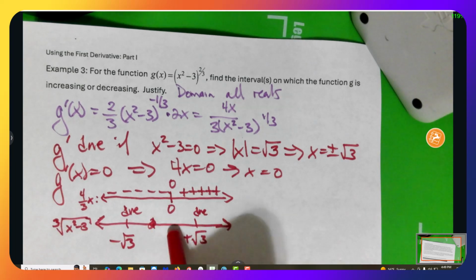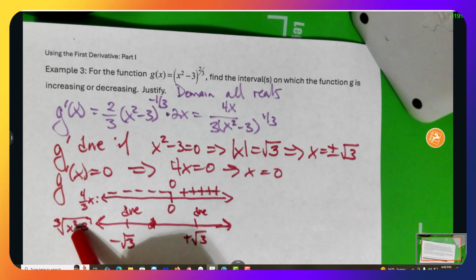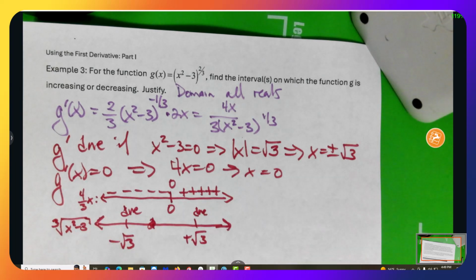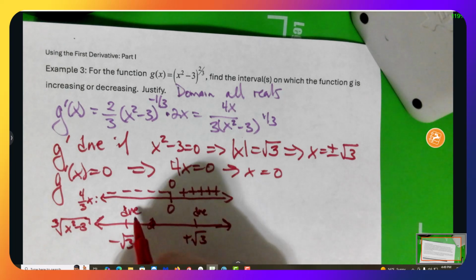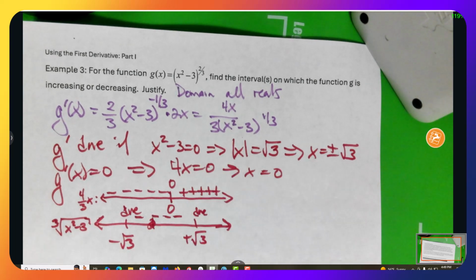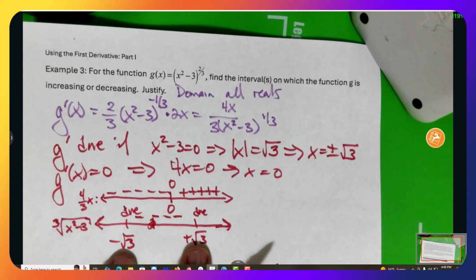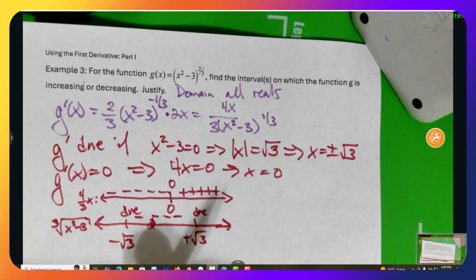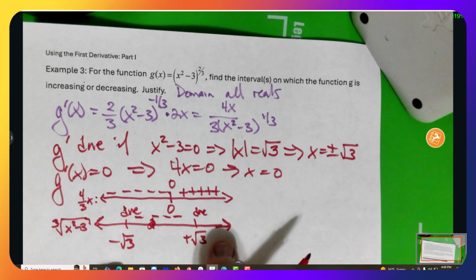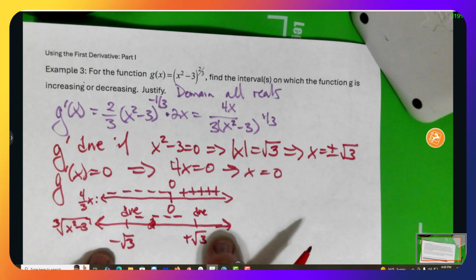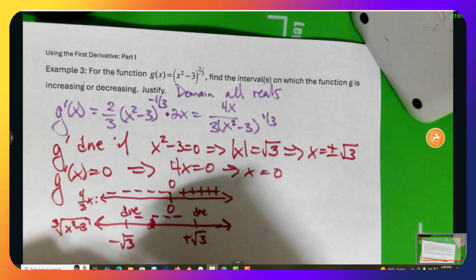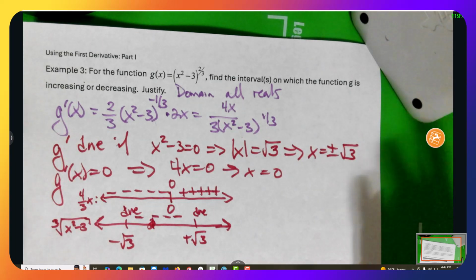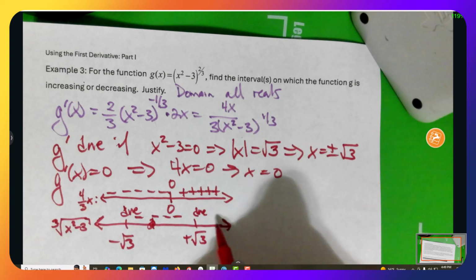If I take 0 in here, 0 squared is 0, and 0 minus 3 is negative, and the cube root of a negative is negative. I can do the next two together: if I take 4 or negative 4, when I square it, I still get 16, and 16 minus 3 is positive, and the cube root of a positive is positive.